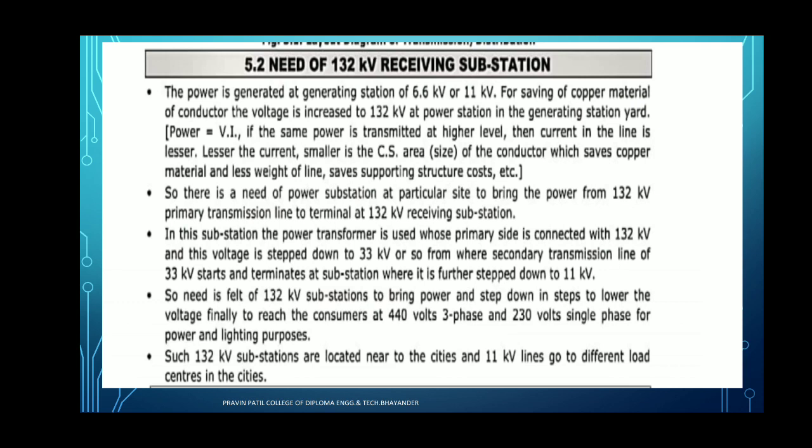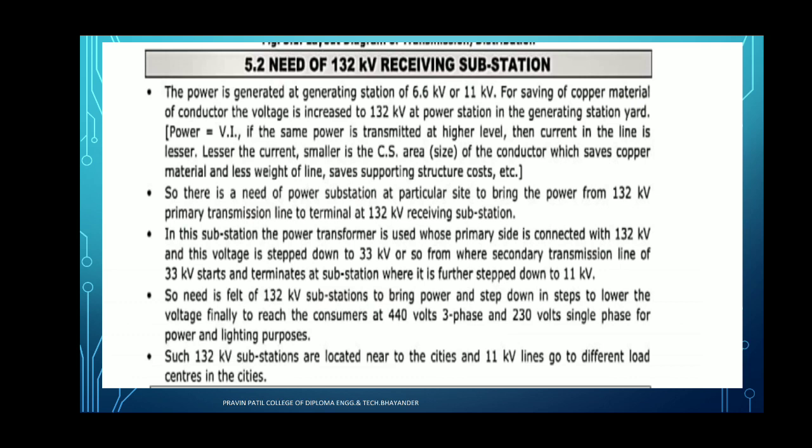Then further it also steps down into 11 kV, and then that 11 kV is directly fed to the feeder to the distribution substation. Then it is distributed to the consumer with 440 volt 3 phase supply and 230 volt single phase supply as per requirement of the consumer.